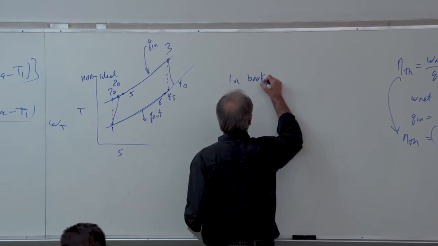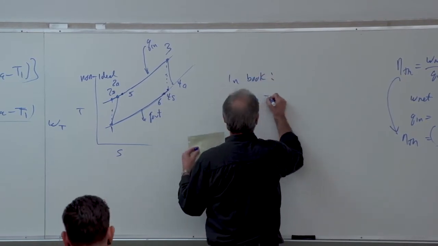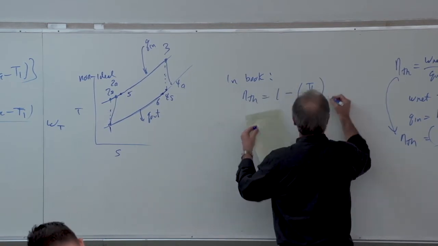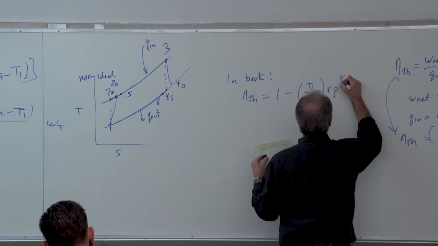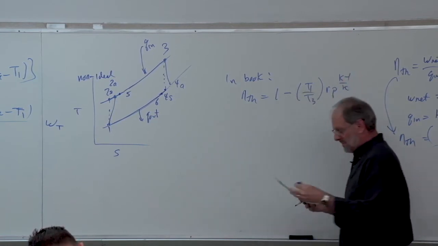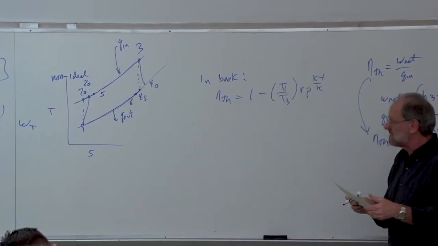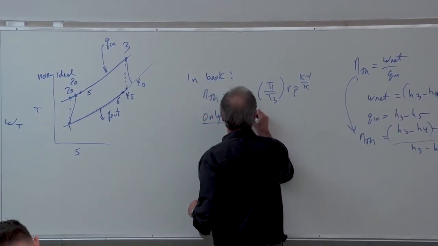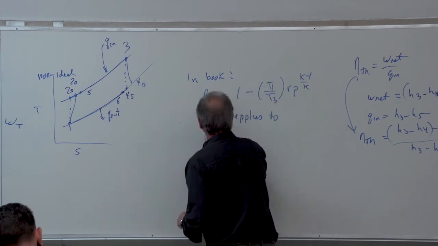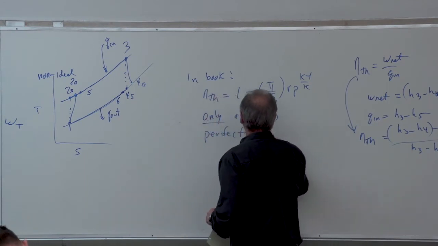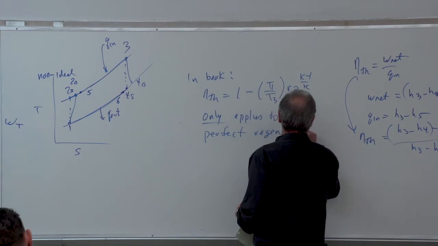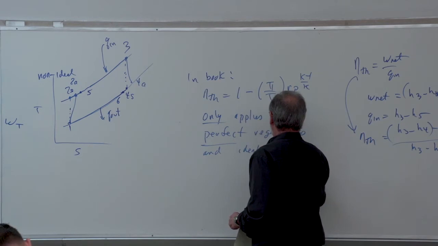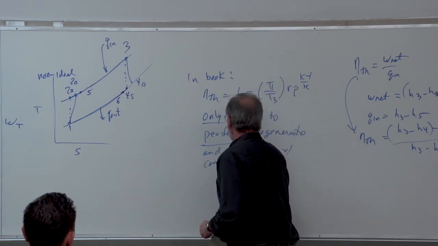So I just want to make sure we understand that in the book, they give us this equation. So this is the equation that's presented in the textbook. But again, it only applies to the case where we have a perfect regenerator and ideal gas with constant specific heats.